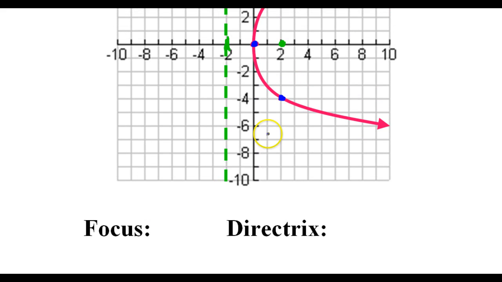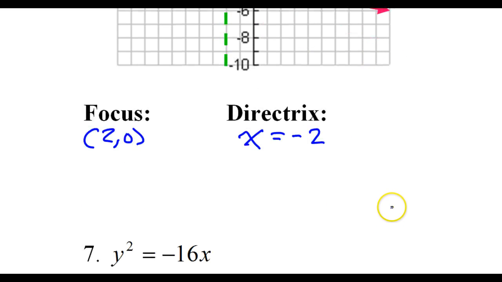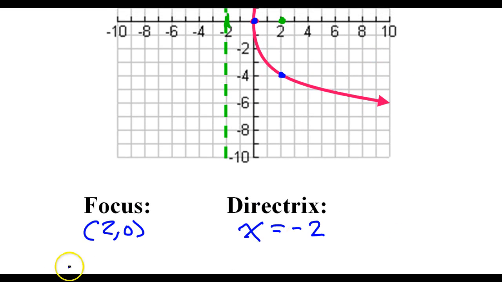Now the focus is this point 2, 0. The directrix is this vertical line at -2. Vertical lines are always x equals something, so x equals -2. Y equals -2 would be a horizontal line. And I guess that's all they really asked us for.